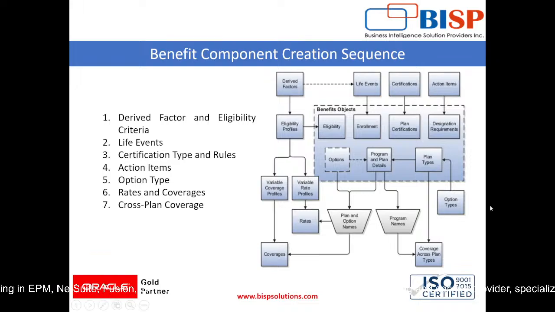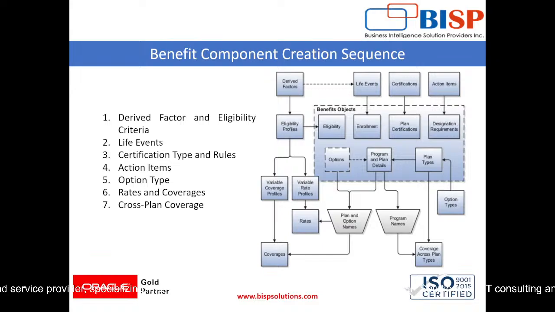Then variable coverage profile and variable rate profile. These we'll discuss in a bit when we are creating our programs. In that plan configuration you will find these options. As we move along, we'll understand all these options.